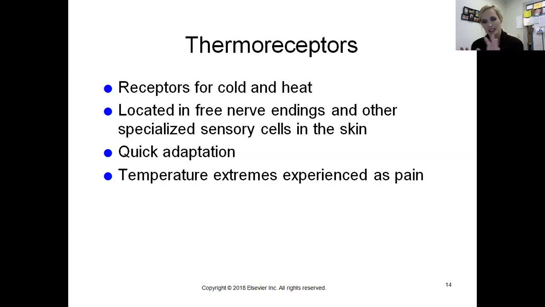And what if I actually now touch the bonfire? You guys are thinking, oh my gosh, that's crazy. Well, yeah, now we experience pain. That thermoreceptor in my hand went from thermo to pain receptor because we're picking up now a change that we ourselves need to adapt to. So pain, again, is not going to adapt. We instead need to respond to that pain. So that's what they mean by temperature extremes being experienced as pain.